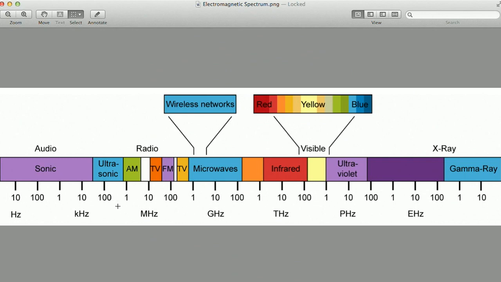And as we go along in the electromagnetic spectrum, as we climb into megahertz, gigahertz, terahertz, petahertz, and exahertz, the length of our radio waves gets orders of magnitude smaller.